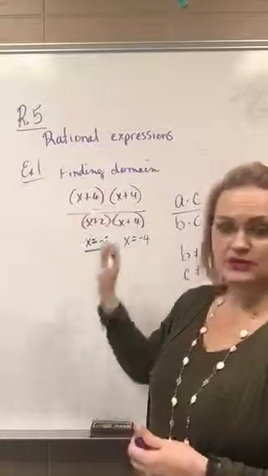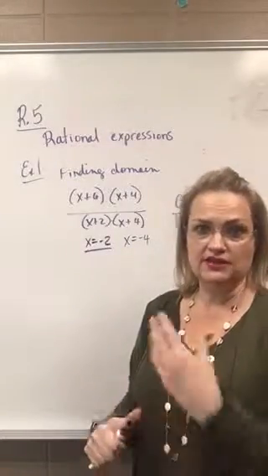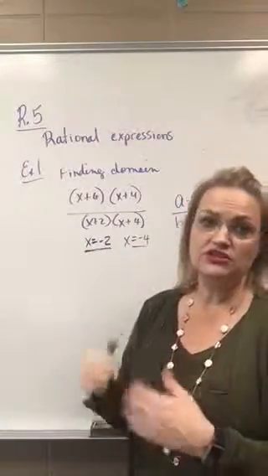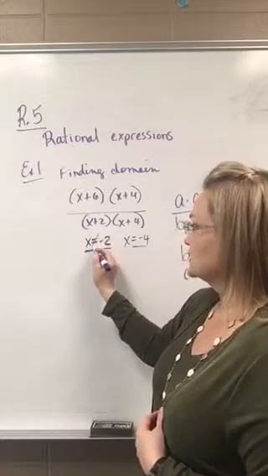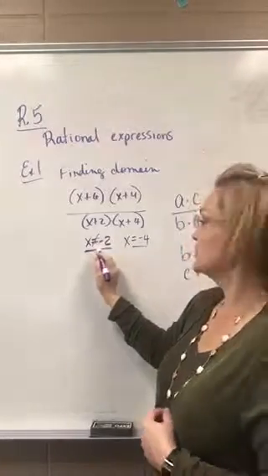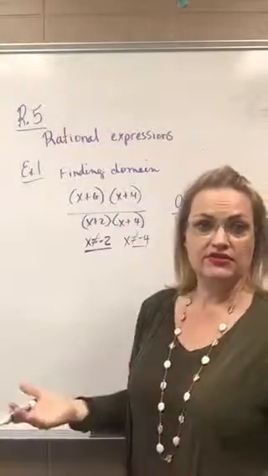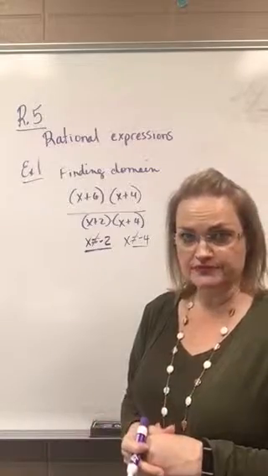So if either one of these parentheses had a value that made it equal 0, it would cause the whole denominator to be 0. So there are two values, and those are excluded. The way we say that, instead of equals, is x cannot equal -2, and x cannot equal -4. Everything else would be okay to plug in for x, but just not those two.